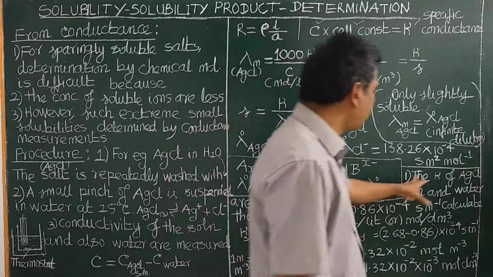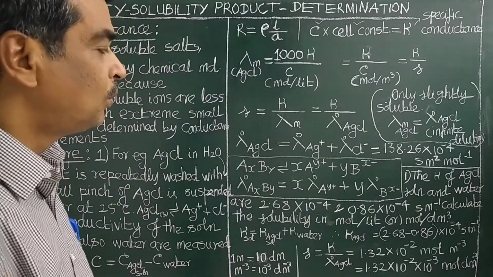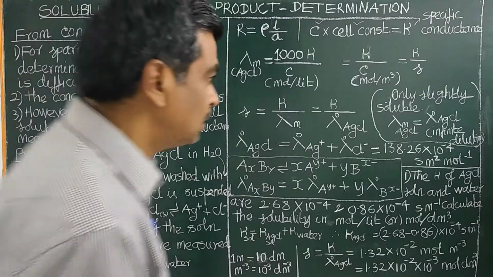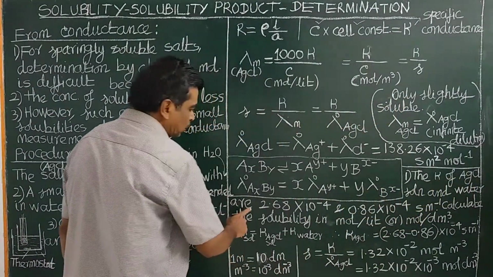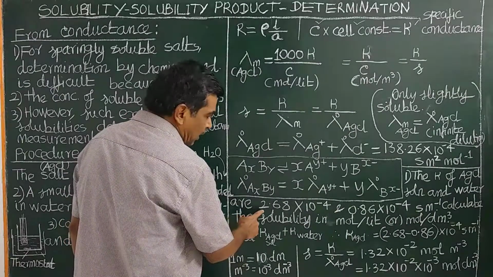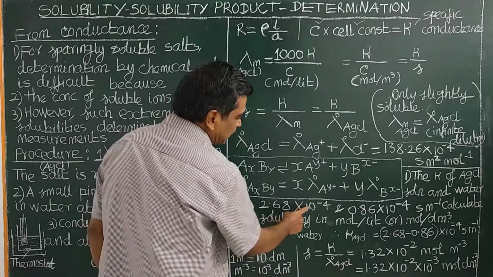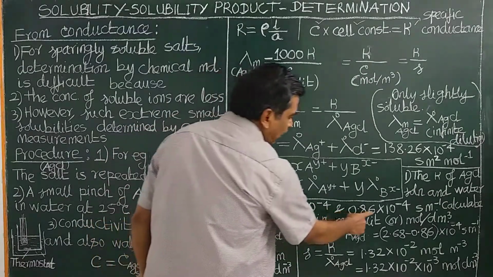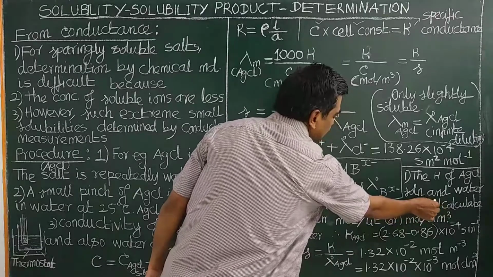Let us see a problem to understand the unit and what formula is to be used. The specific conductance of silver chloride solution and water are 2.68 into 10 power minus 4 and 0.86 into 10 power minus 4 Siemens per meter.